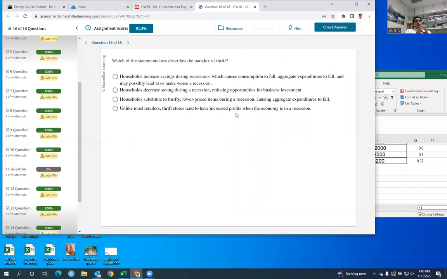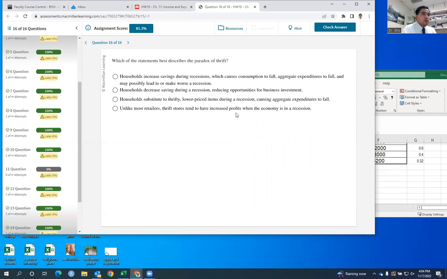Which of the statements best describes the paradox of thrift? This is another theory question. I don't entirely agree with this statement, but if you look at the line of thought and how this is developed, this is the way that John Maynard Keynes does make a pretty good argument in the paradox of thrift.